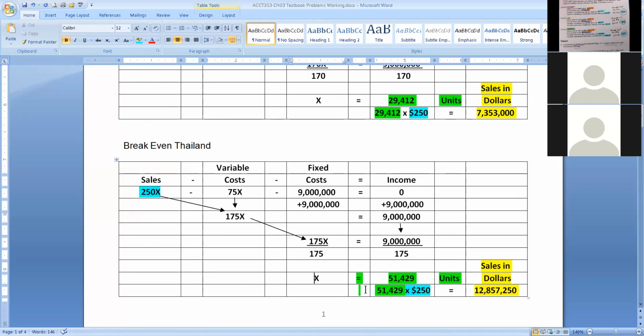Okay, so 51,429 units. We're selling each of those for 250, and so this would be the dollar sales.